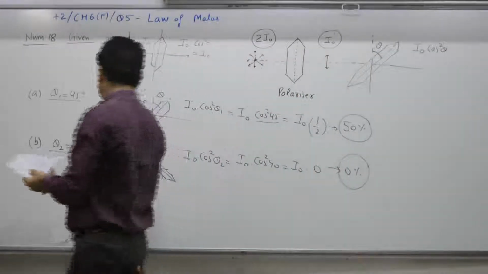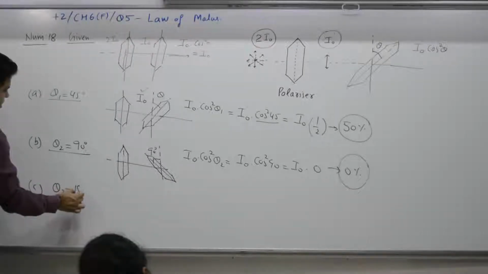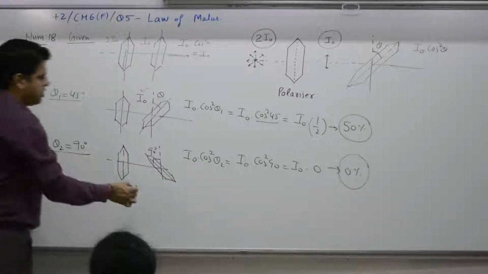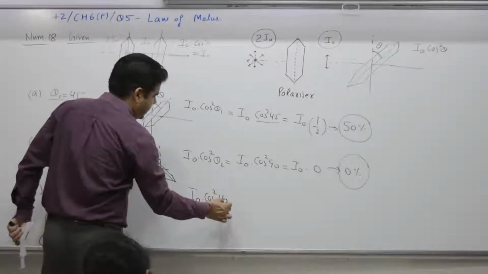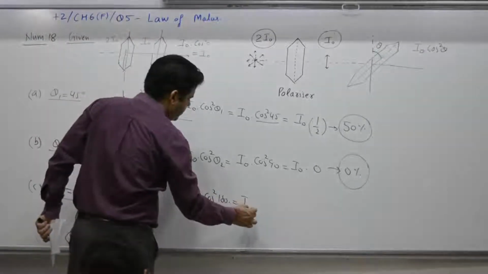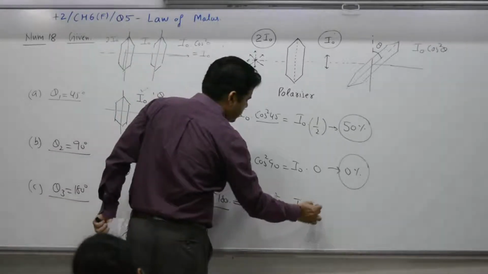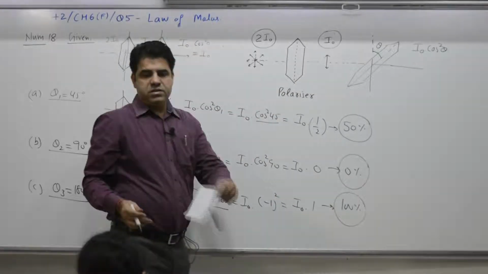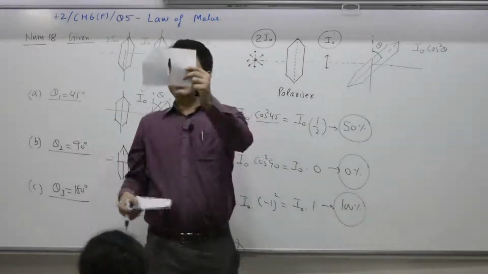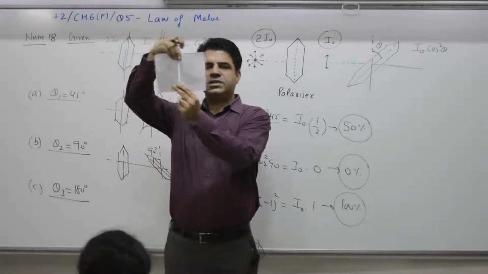Third case, theta 3 is 180 degree. You can draw the diagram on your own. I naught cos square 180. Cos 180 is minus 1, square is 1, so I naught into 1, which is 100%.